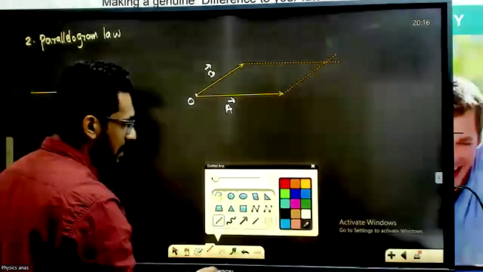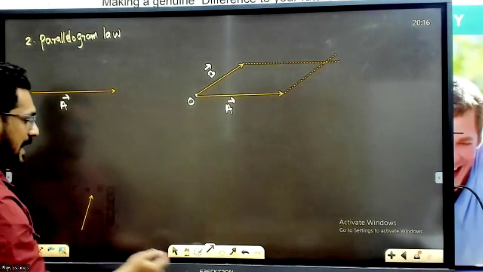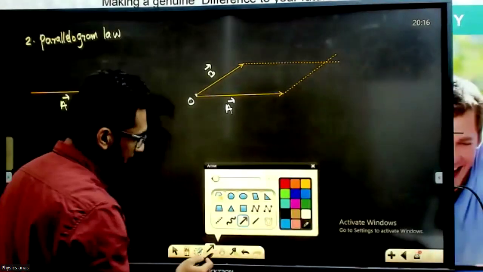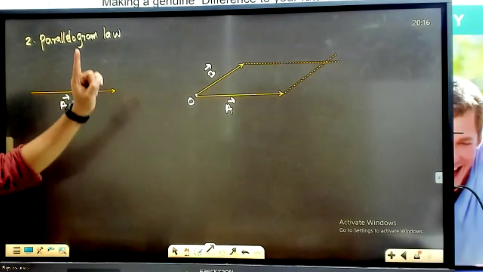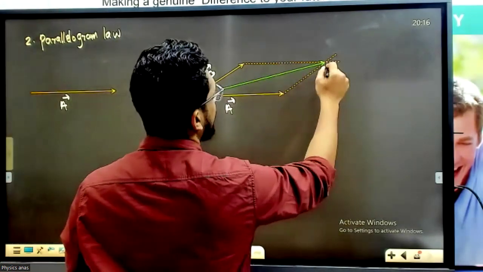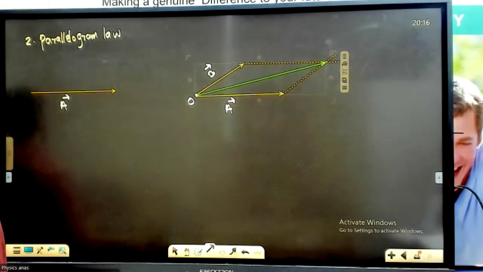Then what will be the diagonal of these two vectors? The diagonal of these two vectors, from the same point, will be the resultant.